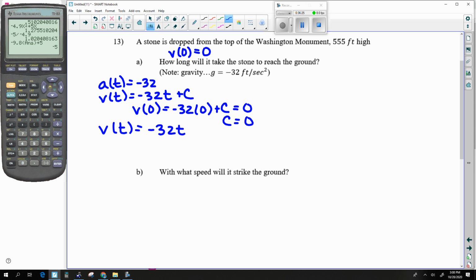All right. Position. Right, so the position at time 0 is 555.